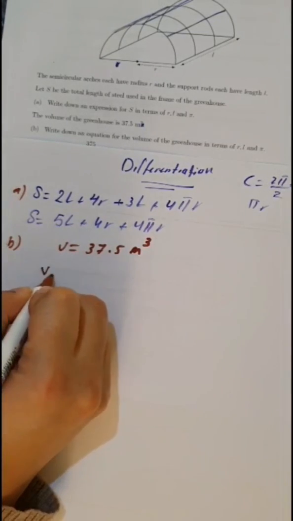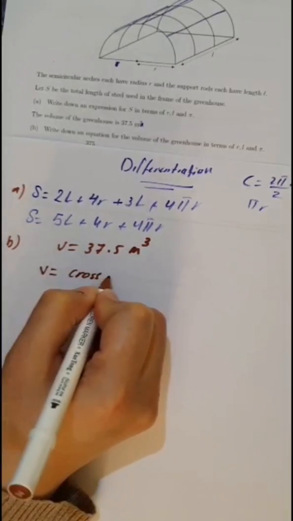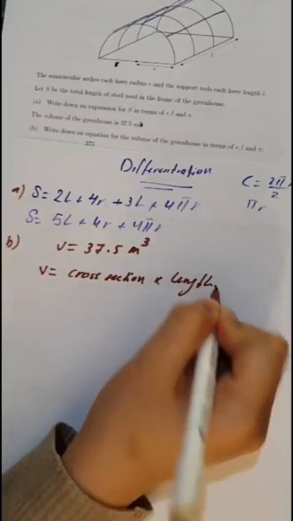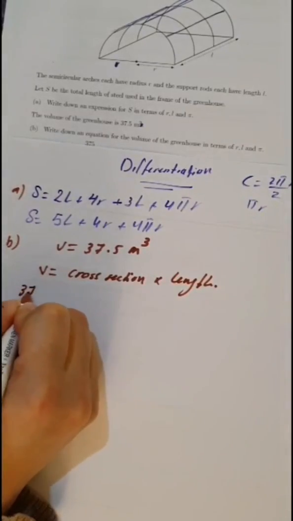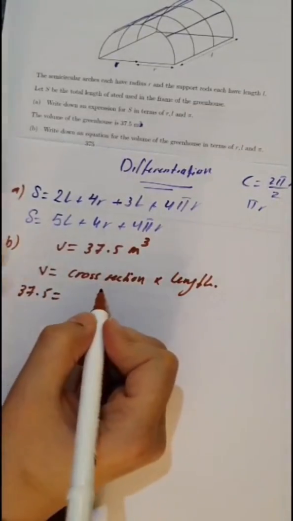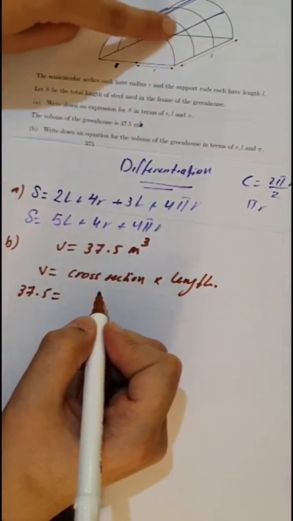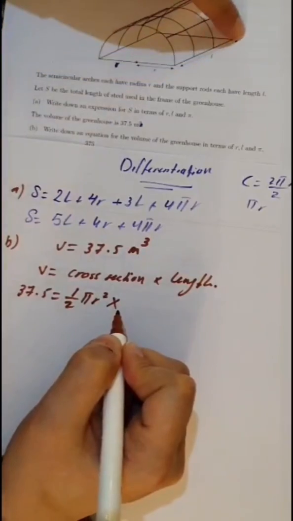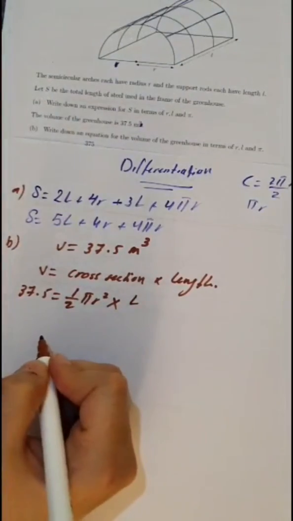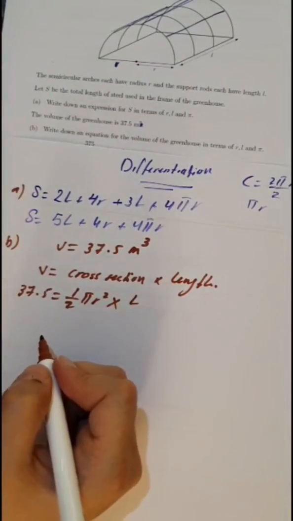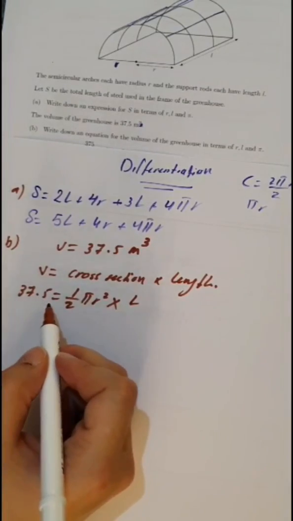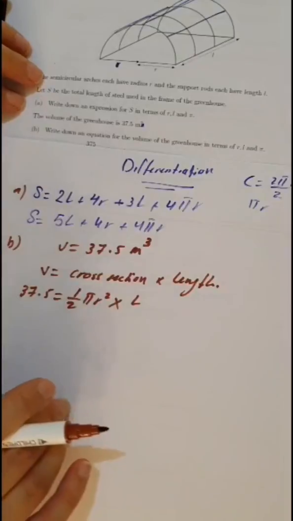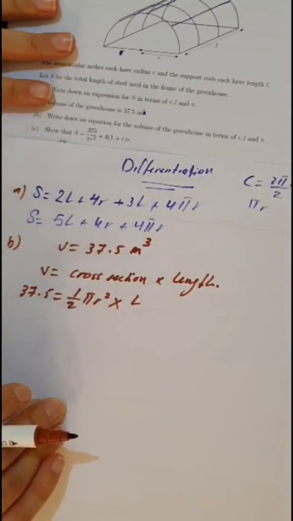So we know that the volume equals cross-section multiplied by the length. So in this case, the volume, which is 37.5, will be the cross-section, which is half of the circle. So it's half pi r squared multiplied by this length, which is L. So to represent the volume, I'm going to say 37.5 equals half pi r squared multiplied by L. And this is the expression that will represent the volume.